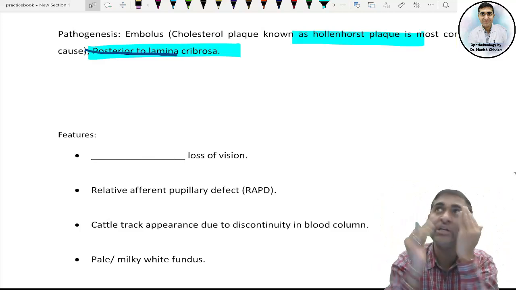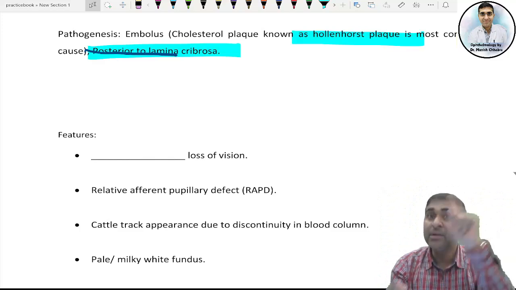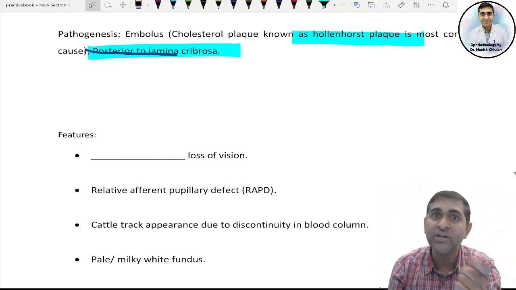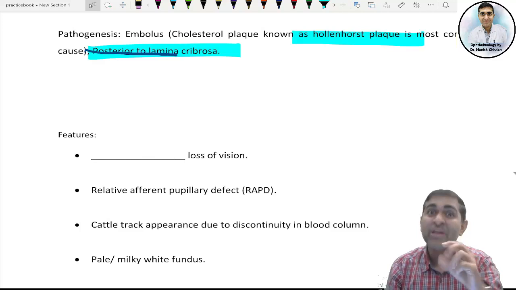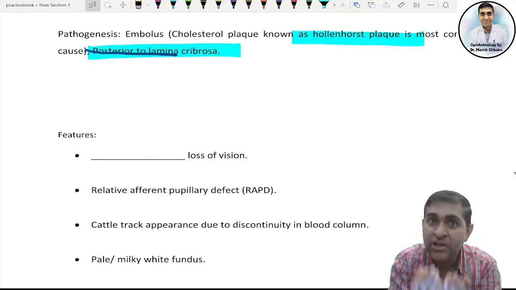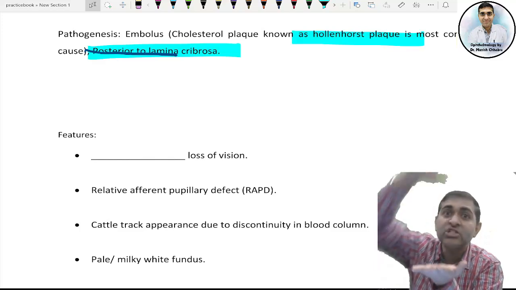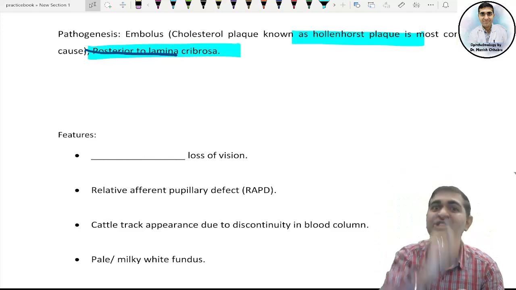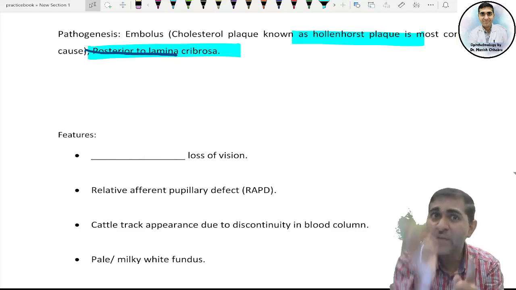So the patient will close one eye, and it will seem like it has become completely dark. But if the patient has central retinal vein occlusion, the patient will give you a history that I was sitting in a room and I felt as if there was a sudden drop of voltage in the room. So that is how you differentiate based on the history.